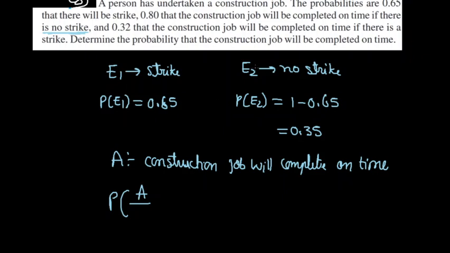There is no strike means E2, so P(A|E2) is a conditional probability given as 0.8.